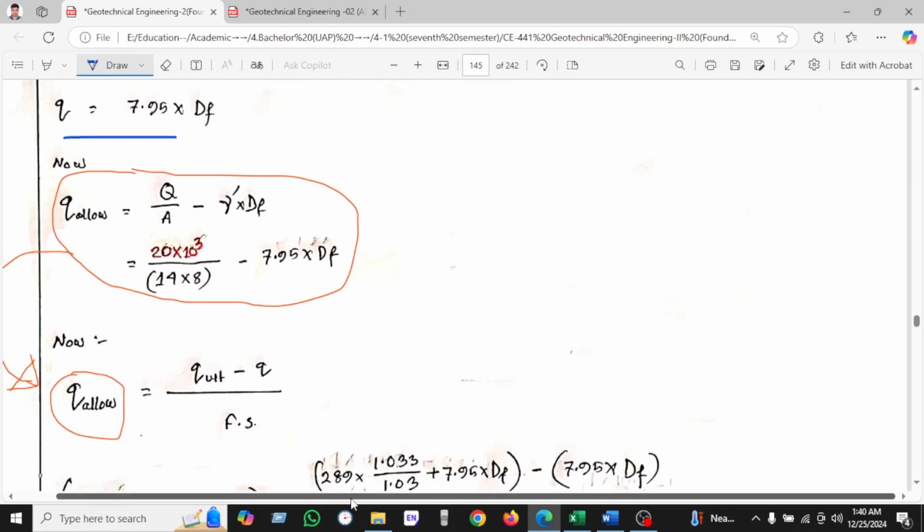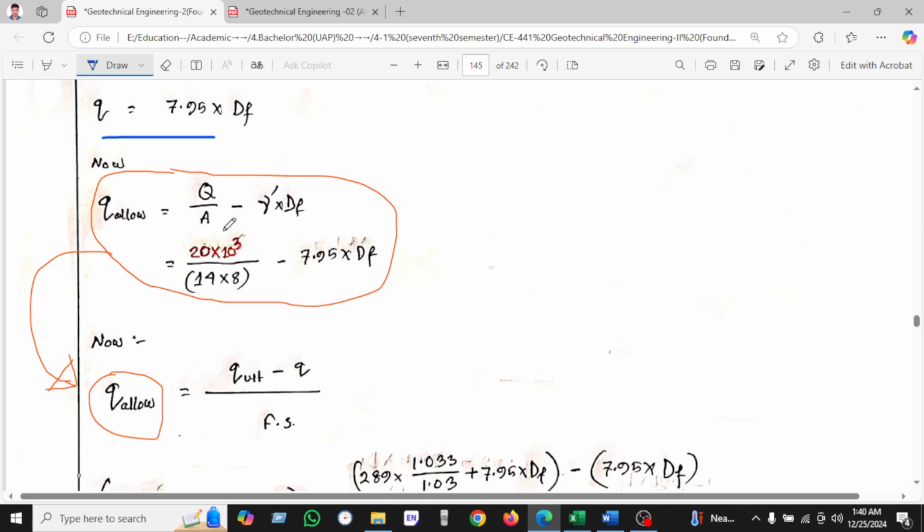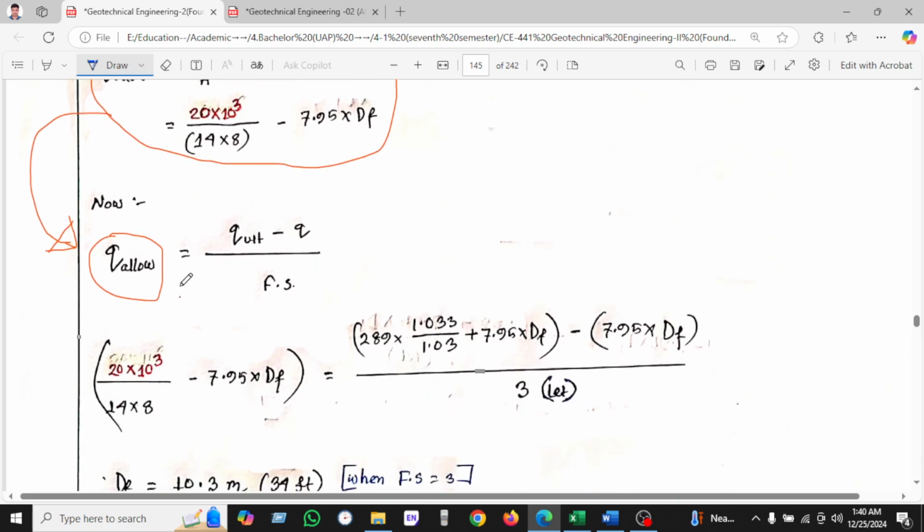Now we can see here q allowable is Q by A into gamma prime Df, and putting all these values here, the allowable value is coming here. q allowable equal to q ultimate divided by factor of safety.